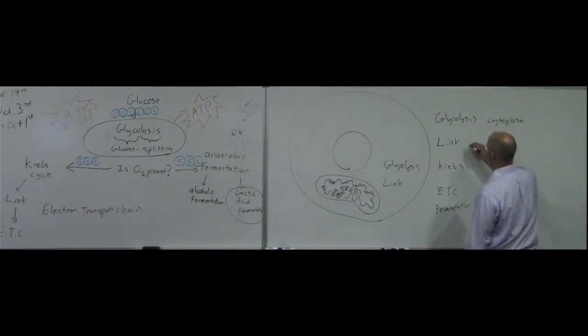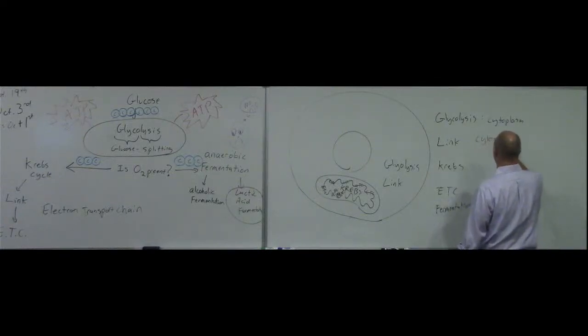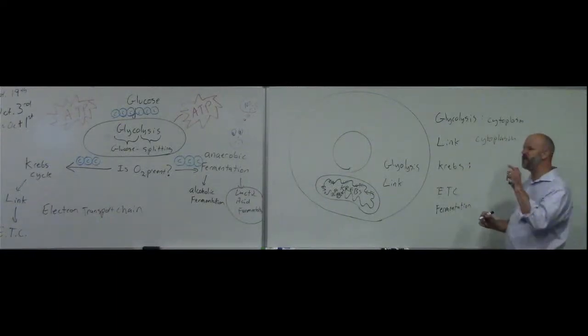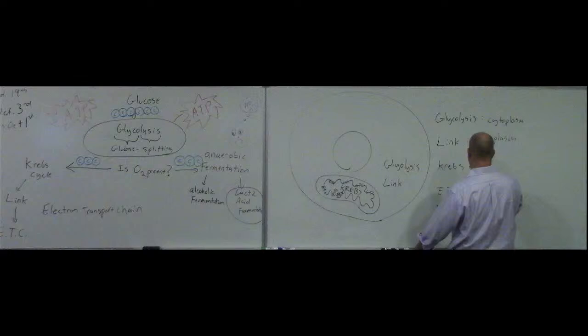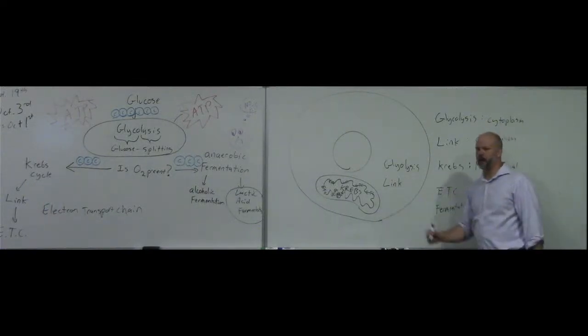Where does the link step happen? In the cytoplasm. Where does the Krebs cycle occur? Mitochondria. It's in the matrix of the mitochondria. Mitochondrial matrix. Where does the ETC occur?